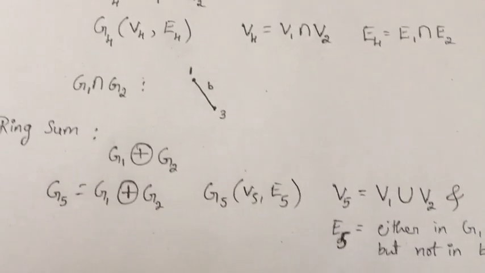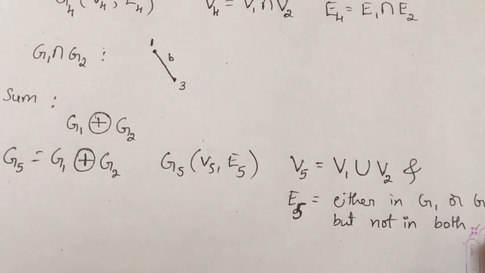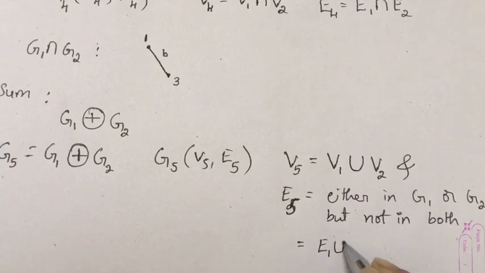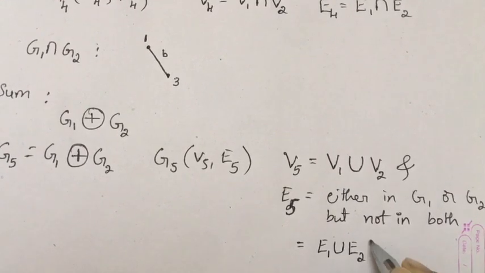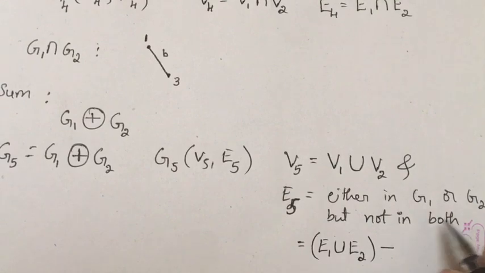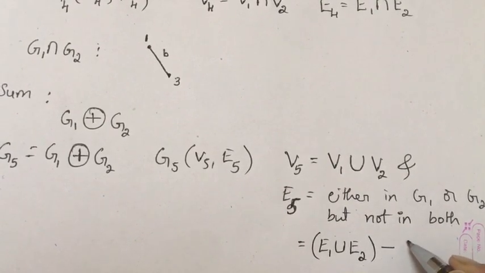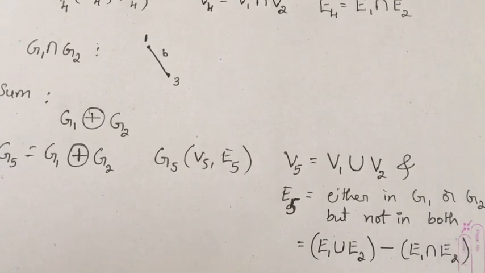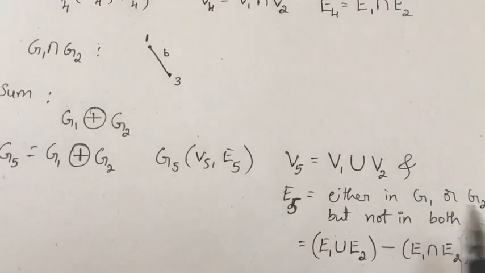In this sense, E5 is E1 union E2, but I have to remove the edges which are in both, so that can be written as minus E1 intersection E2. I hope you understood.